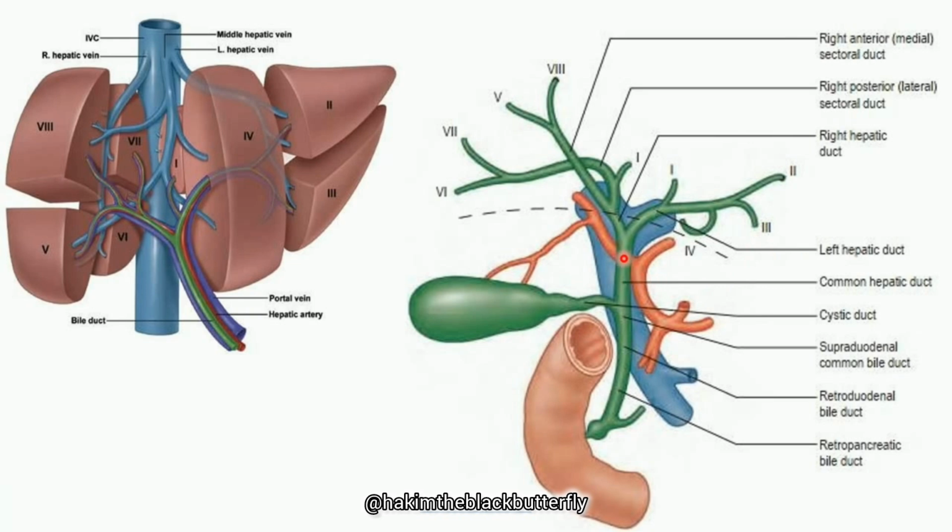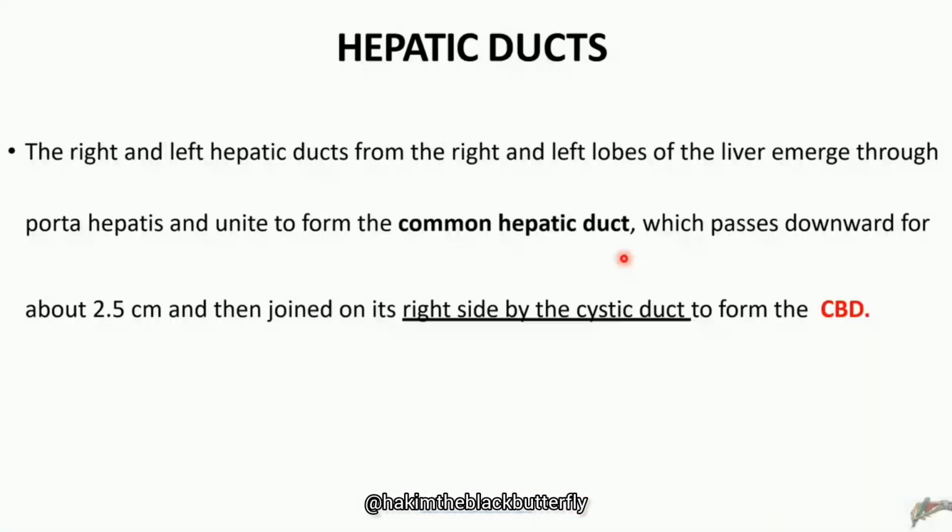Okay, so let's talk about these ones. We've already talked about them in detail. We've seen how the right hepatic duct is formed, how the left hepatic duct is formed, and we say they are going to go through the portal hepatis and unite to form the common hepatic duct. This is going to extend down and later be joined by the cystic duct on its right side.